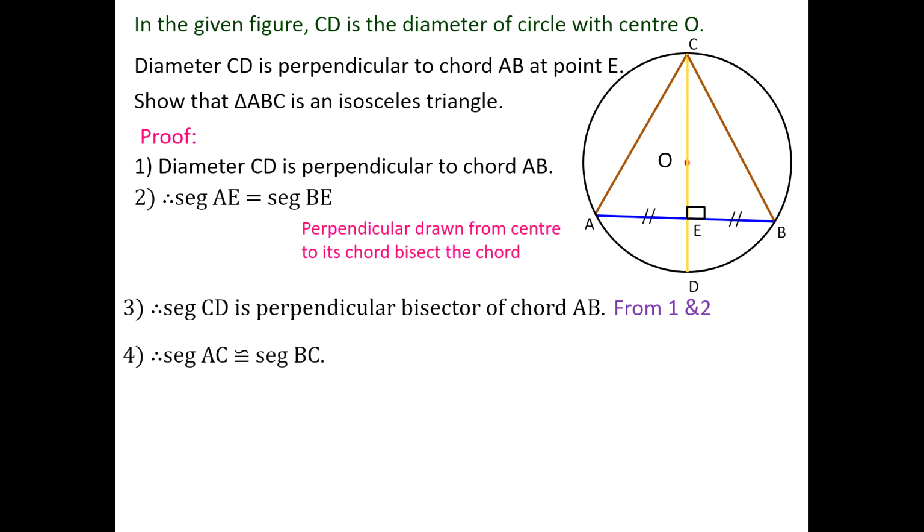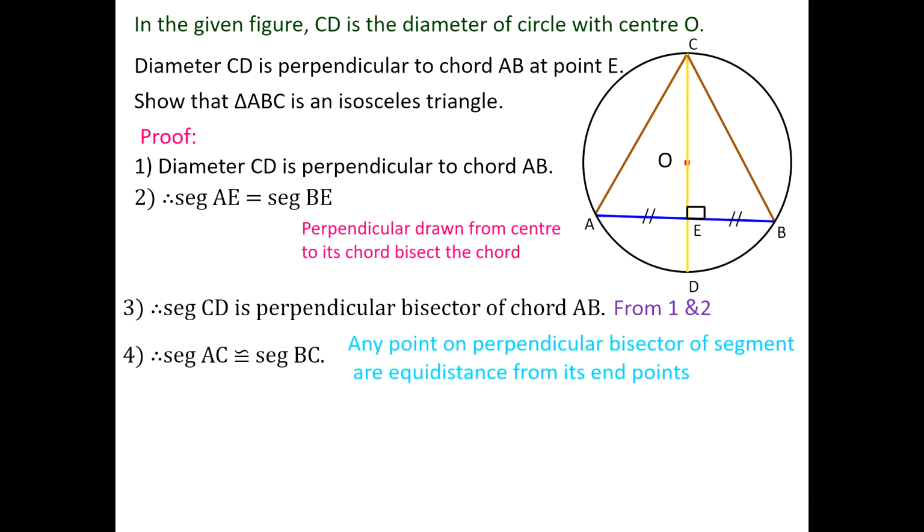Therefore, we get AC congruent to BC. This is the reason what I said. So we got AC congruent to BC. Now triangle CAB if you take and the two sides are equal, what do we call such triangle as? Isosceles triangle. Therefore, triangle ABC is an isosceles triangle by definition.